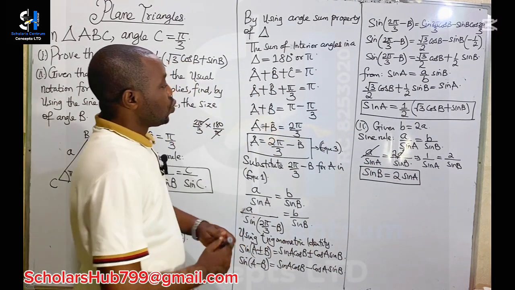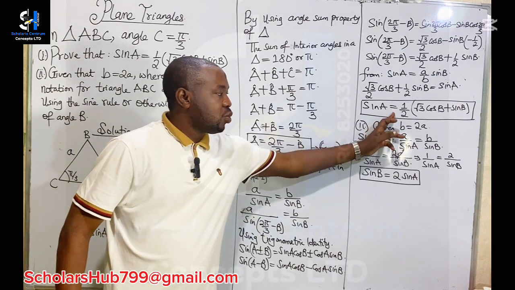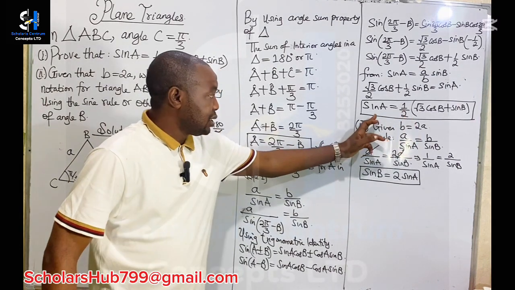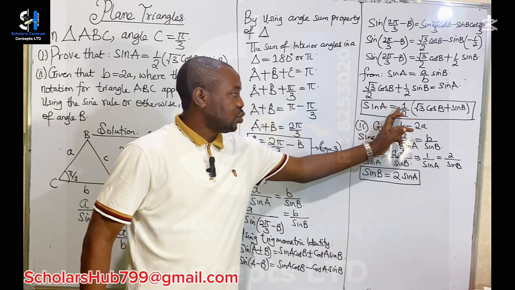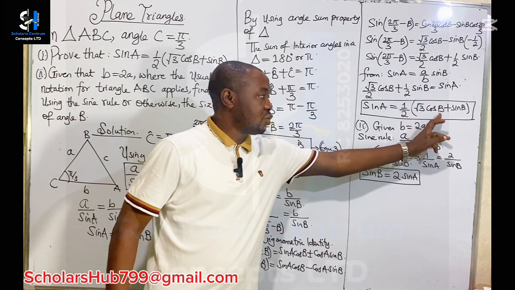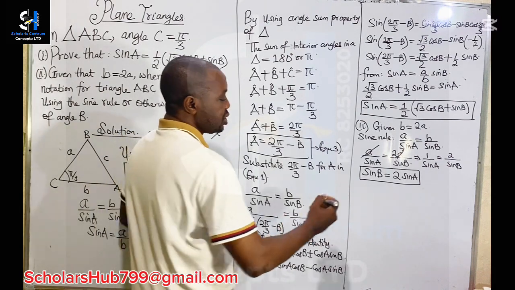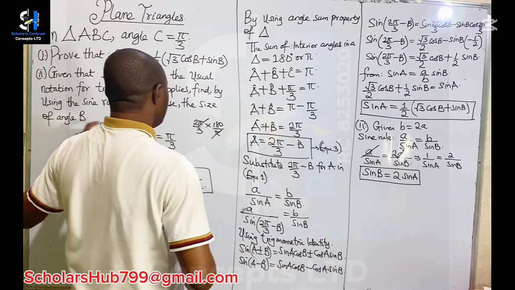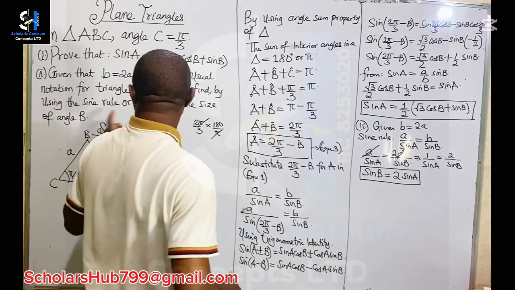Now, we know that sine a is equal to what we have here, that is this identity, sine a equals 1 over 2, parentheses, root 3 cos b plus sine b. So we want to find out the size of angle b.